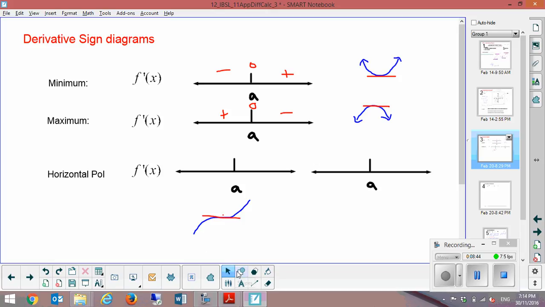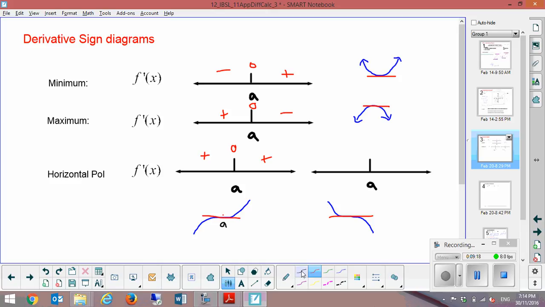What do we notice about the sign diagram? At the point A, which is at this point here, we have a 0 gradient at that point. What's the gradient beforehand? Positive. Gradient afterwards, positive again. Another option is if we had something coming the other way, going down, and here's our horizontal tangent through there.